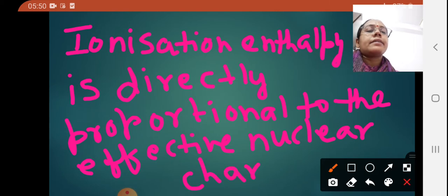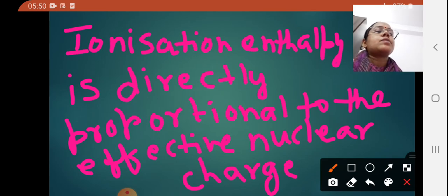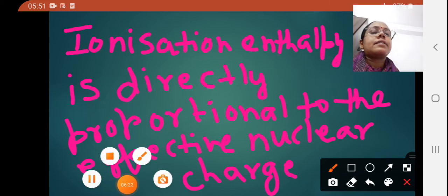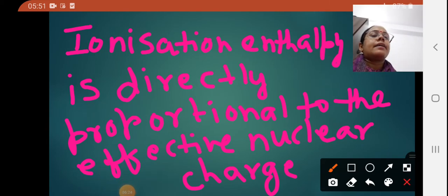And that is why the ionization enthalpy decreases as we move from top to bottom, from oxygen to polonium in the group, because the effective nuclear charge decreases. As we move from top to bottom in the group, the effective nuclear charge decreases, and due to decrease in the effective nuclear charge, the ionization enthalpy also decreases, because ionization enthalpy is directly proportional to the effective nuclear charge.